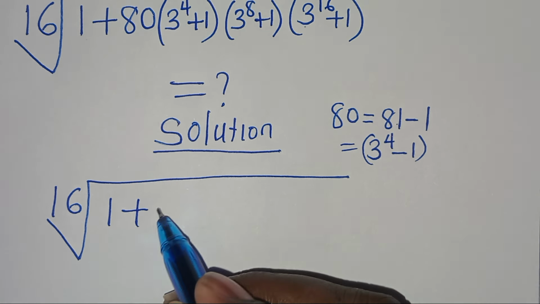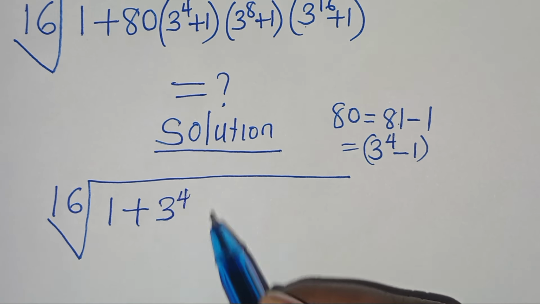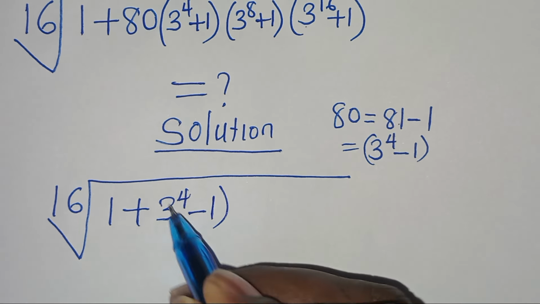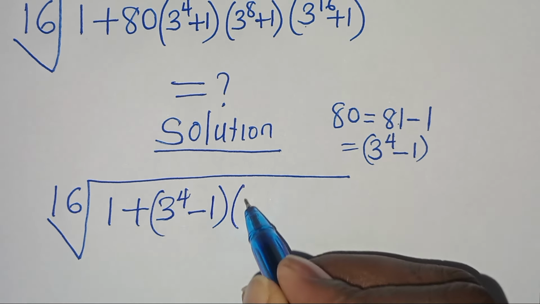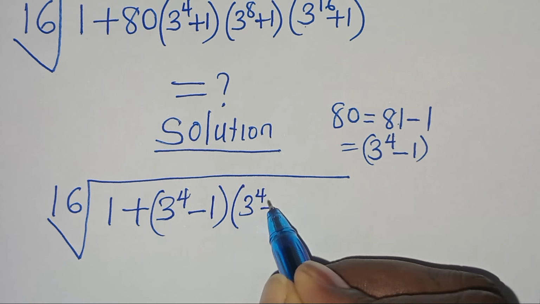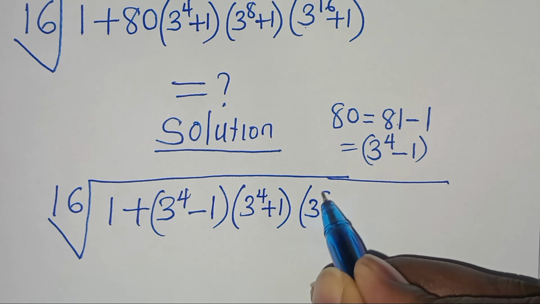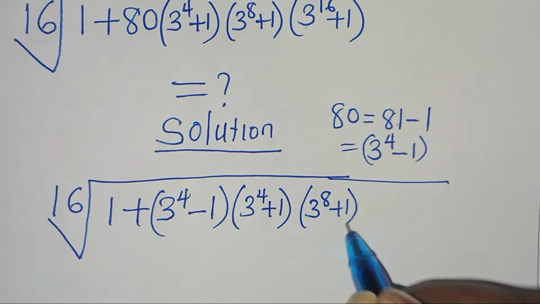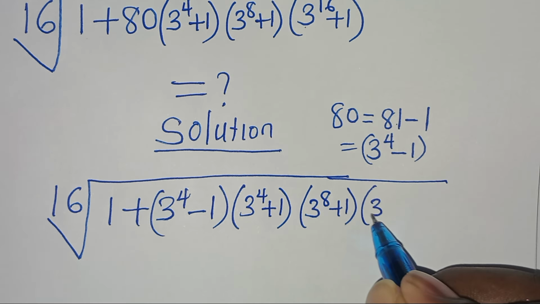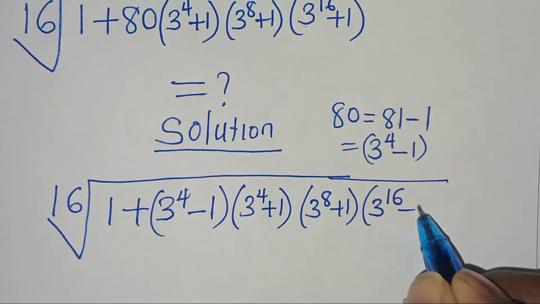So 1 plus 3 to the power of 4 minus 1 multiplied by 3 to the power of 4 plus 1. Then we have 3 to the power of 8 plus 1, then multiplied by 3 to the power of 16 plus 1.